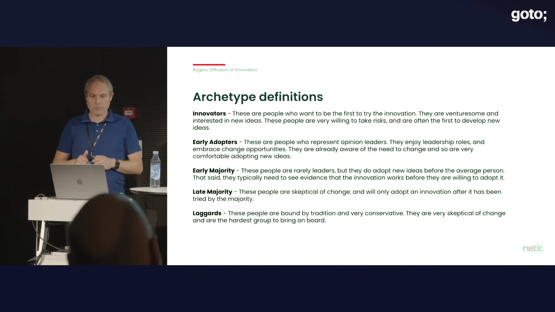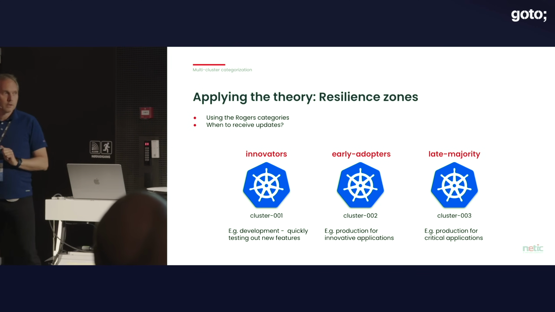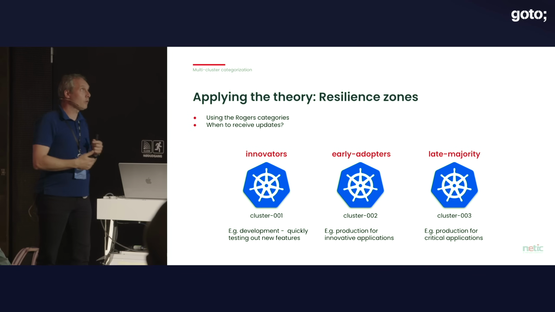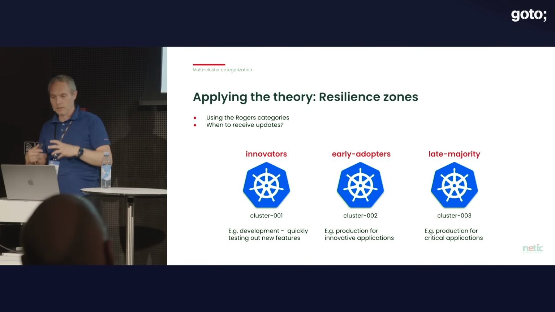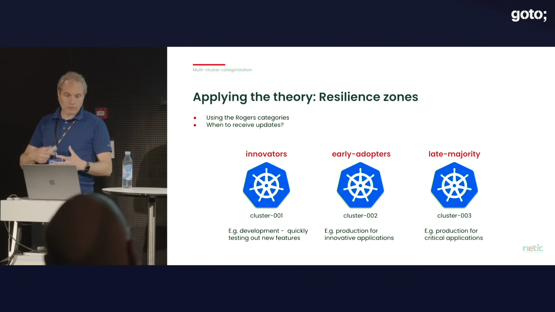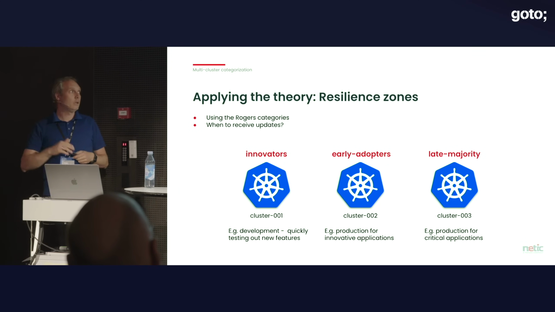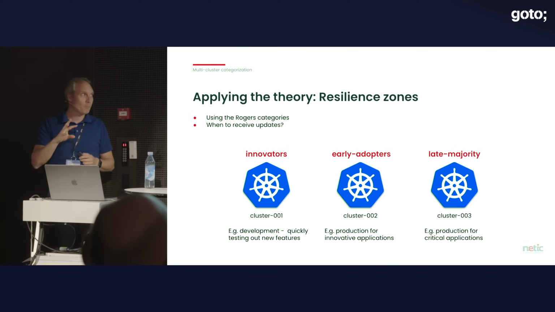So basically, what we have done is that we say, hey, as a customer, you can actually choose where on this cycle you want your clusters to be. You may have some clusters where you actually do innovation, often dev clusters where you want to have stuff rather fast, but you are also willing to take the risk of something breaking.